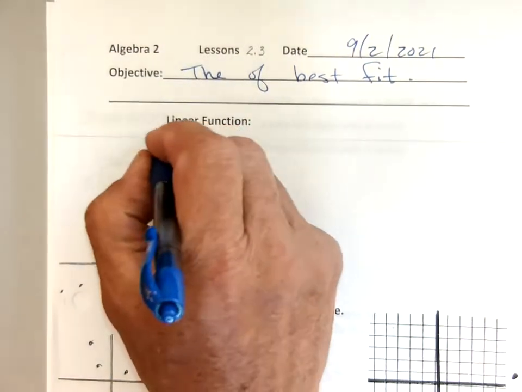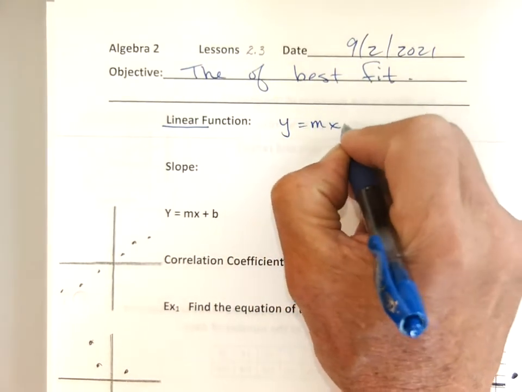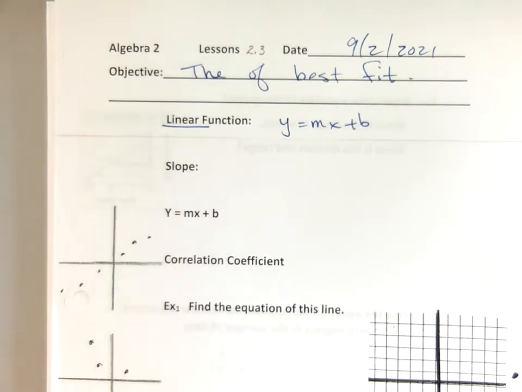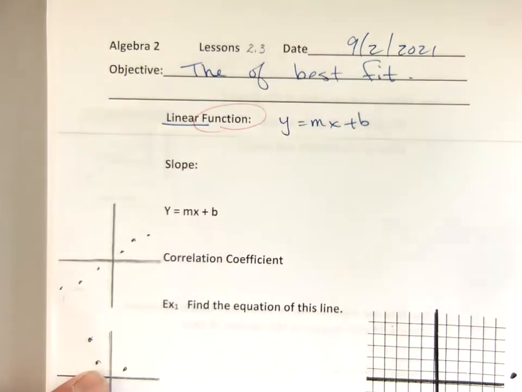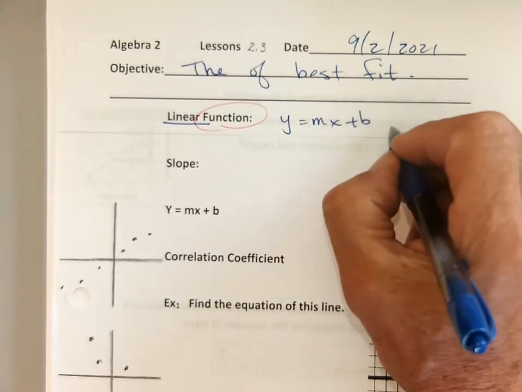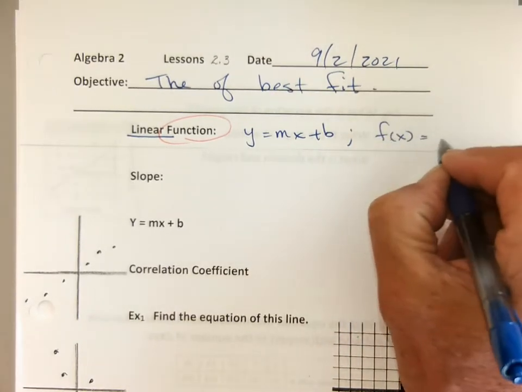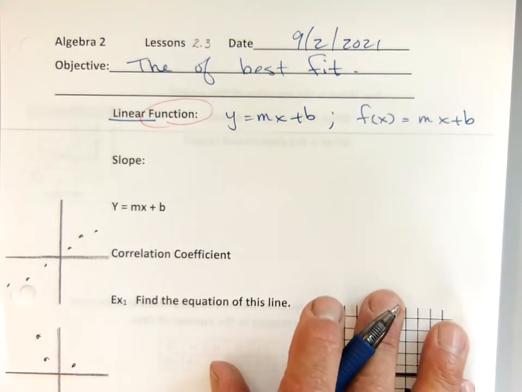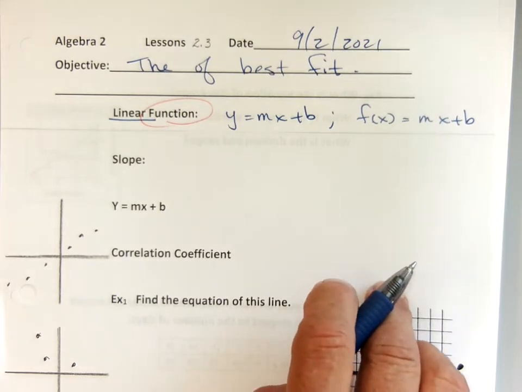So what we want to do today is linear, which we know we'll start with y equals mx plus b. And because we're going to call it a function, what am I going to change? f of x, right? So we're going to say f of x equals mx plus b. Y and f of x are kind of the same thing, unless I want you to talk about it as a function.